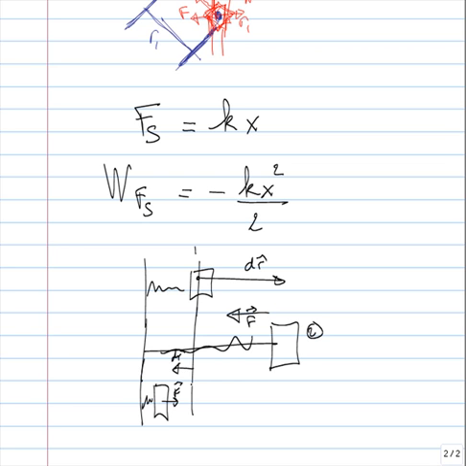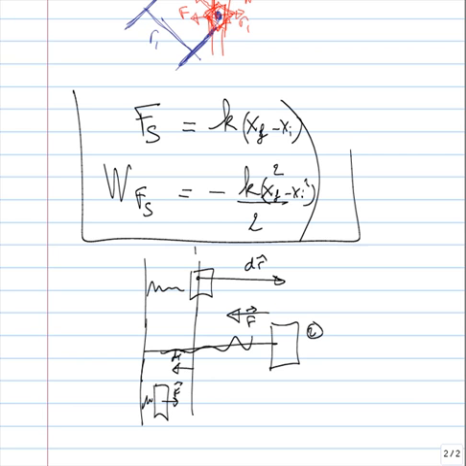So the work for a spring is always negative, minus 1/2 k x squared. Again, these two functional forms assume that we start from equilibrium. If you do not start from equilibrium, make sure that you take final minus initial. Okay, that was the work done by a spring.